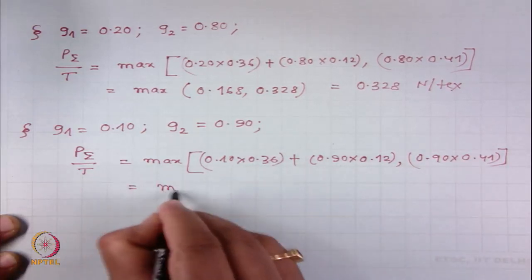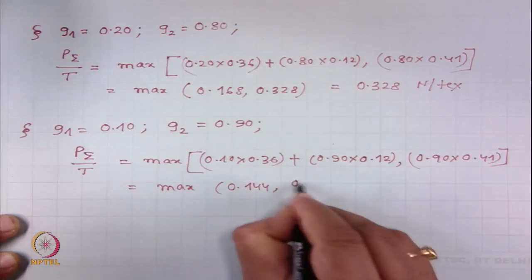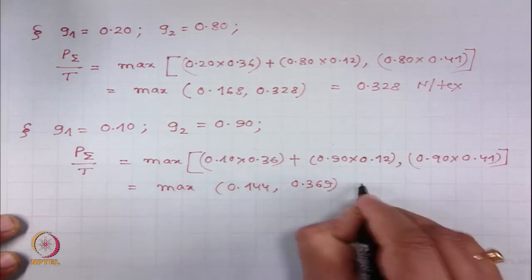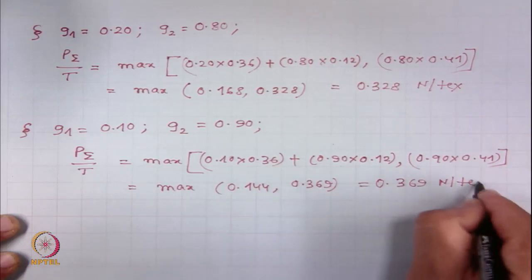So, these two will be 0.144, 0.369, 0.369 Newton per tex.